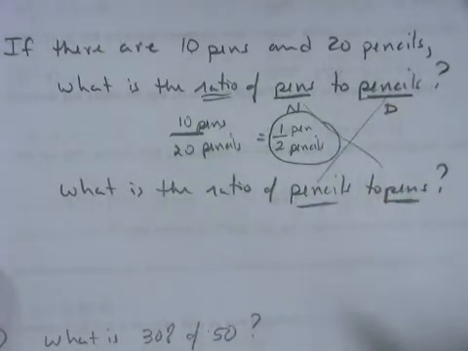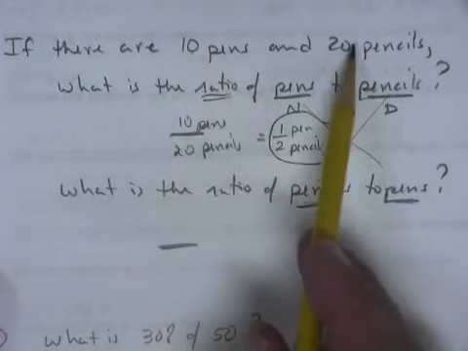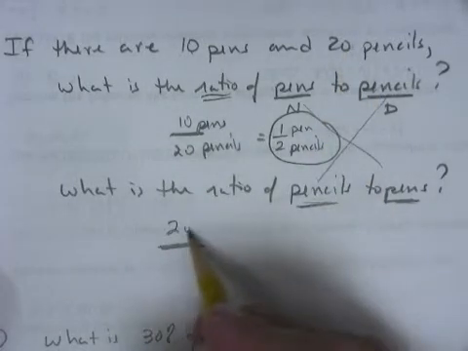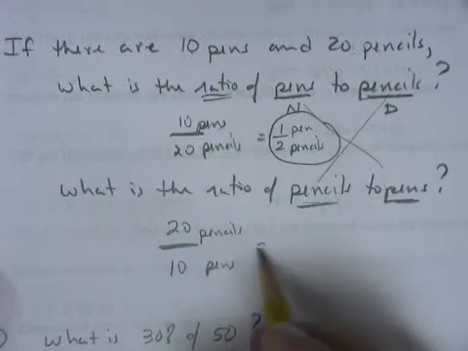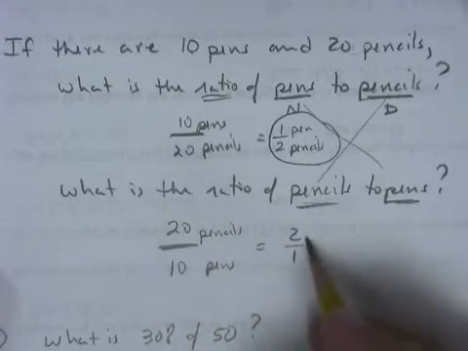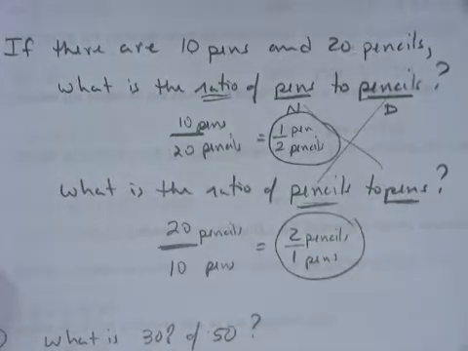So these are totally flip-flopped. Don't let that freak you out. All we're looking for is pencils on top. So we had 20 pencils and 10 pens, and that becomes 2 over 1. 2 pencils to 1 pen. There's the first one.